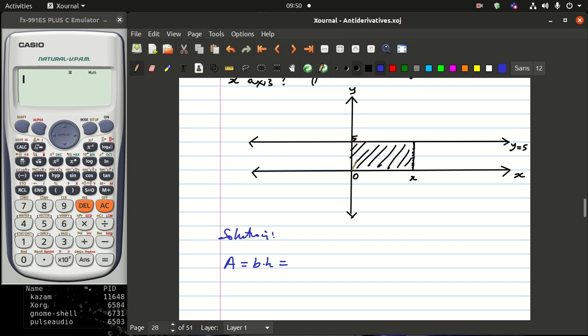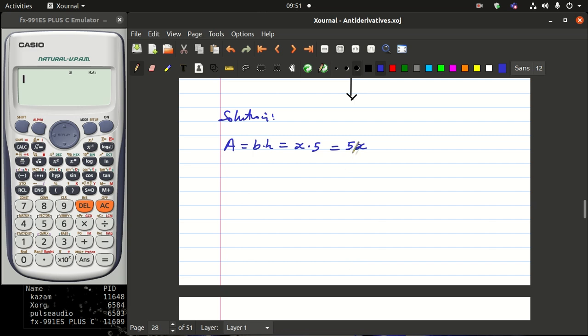The base is the length moving from this point to that point, which is x units. The height is from 0 up to 5, so the length is going to be 5 units. So we have 5 times x. That is the area under the curve.